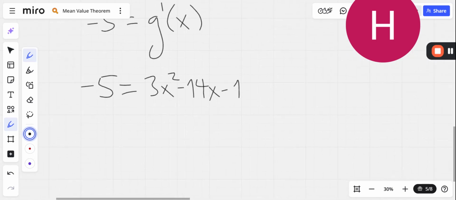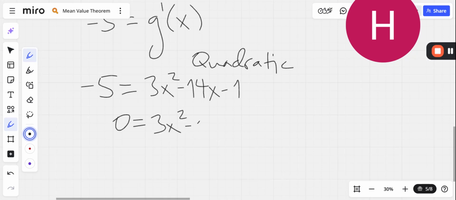Let's get everything on one side because now this is a quadratic equation. Whenever you have a quadratic equation, you want to get everything to one side and factor it if it's easily factorable, or we can always rely on good old quadratic formula, which is just like the bread and butter at this point. So 0 equals 3x squared minus 14x plus 5 on both sides.